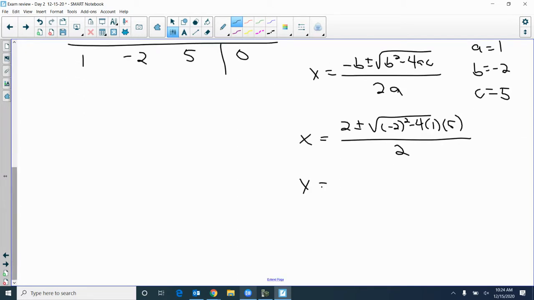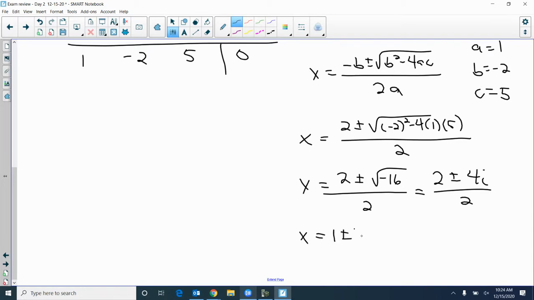And then what do I get here? I get 2 plus or minus, what do we get there? Square root of -16 over 2. 2 plus or minus 4i over 2. And so now in the end, I get 1 plus or minus 2i.